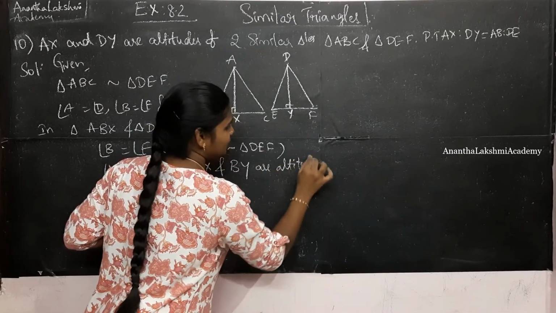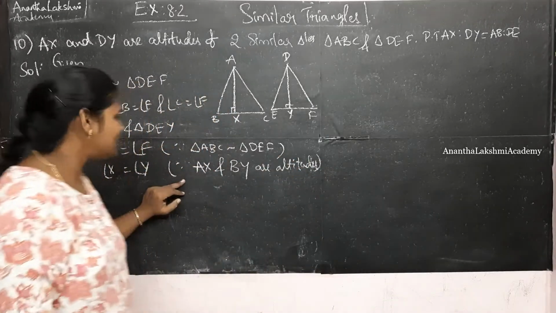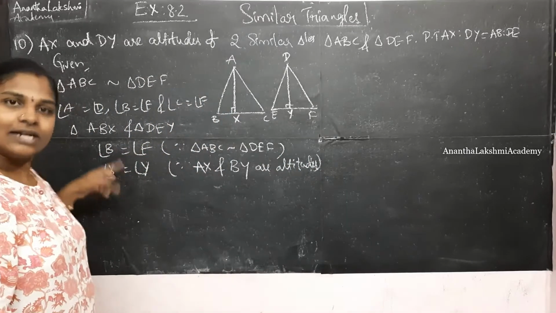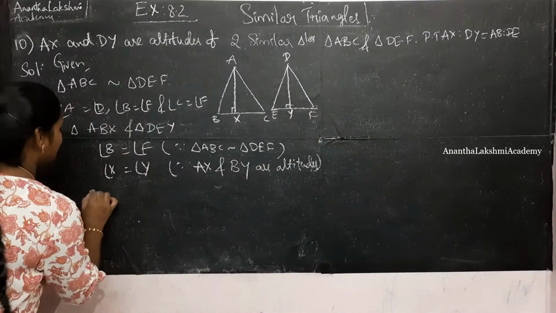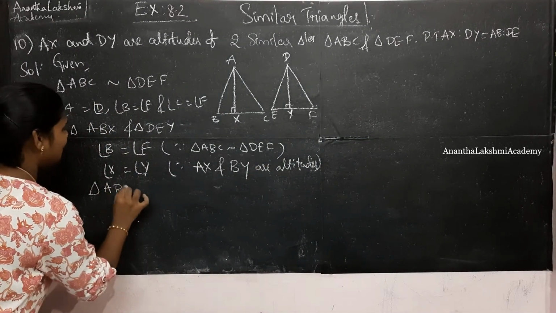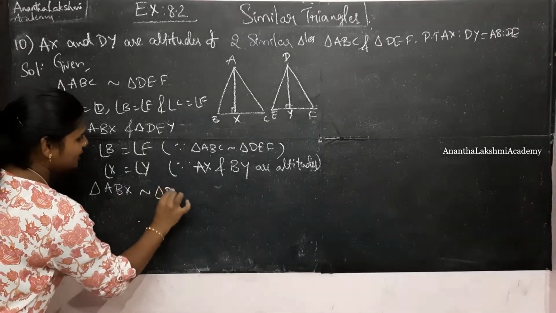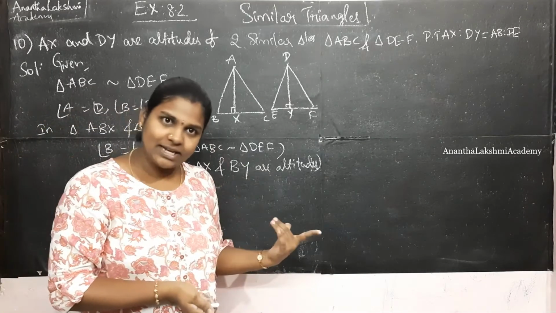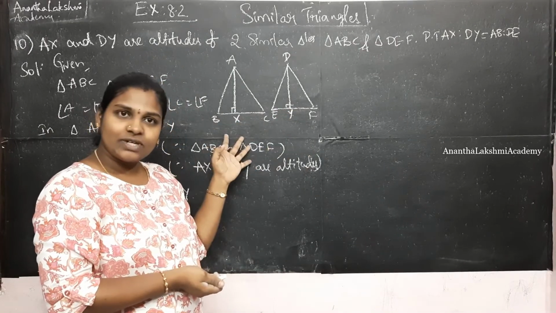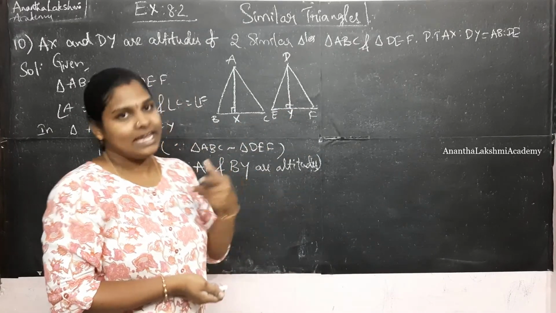Now, which criterion are we going to use? 2 angles are equal. Then the third angle will also be equal. So, triangle ABX is similar to triangle DEY. When 2 triangles are similar, their ratios of the corresponding sides are also equal.